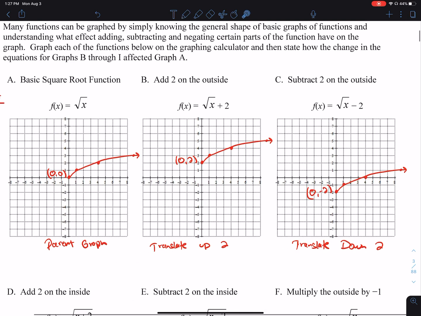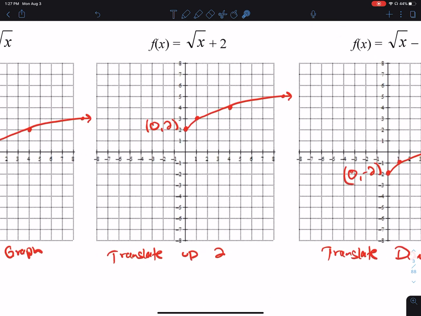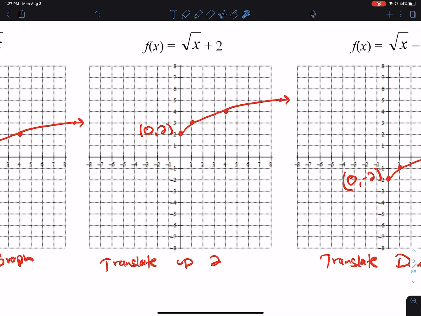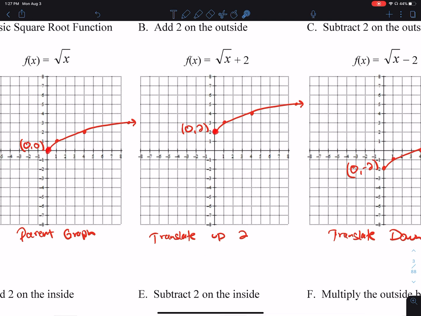Now, if I were doing this by hand instead of just copying and pasting it over, I would start the same way. I would say, how does the parent start? Well, the parent starts here at (0, 0). Since I know this is translated up 2, and we'll get to how we know that in a moment, I would start here at (0, 2). Once I'm here, I do the same thing that I did over here.